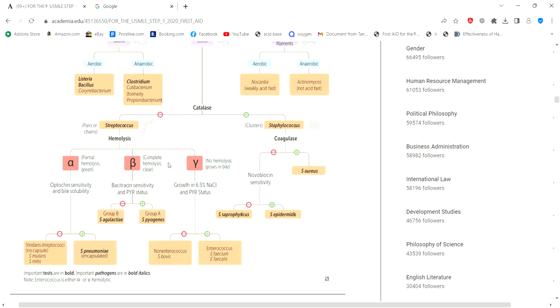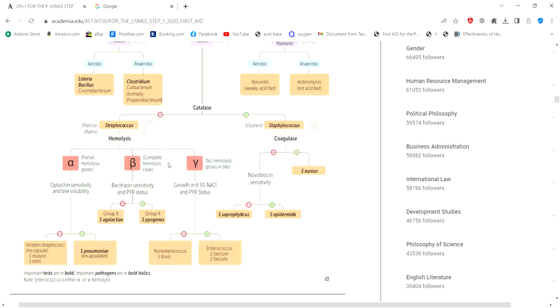Okay, so next, alpha, beta, gamma. Gamma hemolysis, there is no hemolysis here. This grows in bile. It will grow in bile. The blood agar plate will just show red. In gamma hemolysis you have two organisms, and now we're going to see if they grow in 6.5% NaCl, and also check out their PYR status.